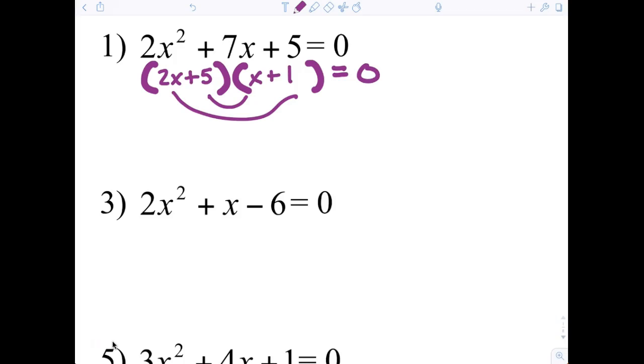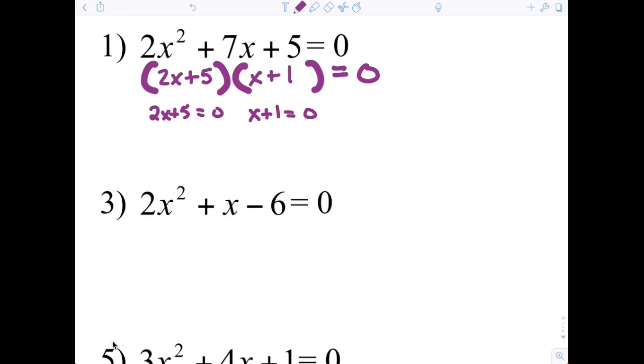Now, this is what we did last week. Now, all you have to do this week is take those factors, which in this case is 2x plus 5, set it equal to 0. And then x plus 1 equals 0. Right, Jack? Yes. And then I just solved those 2 equations.